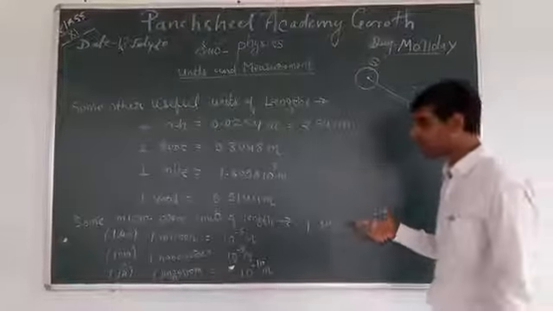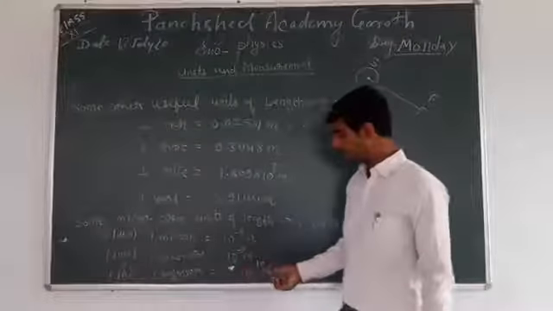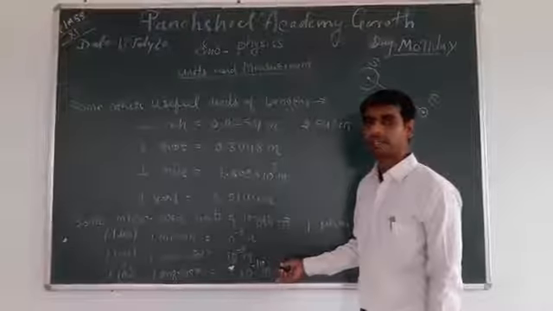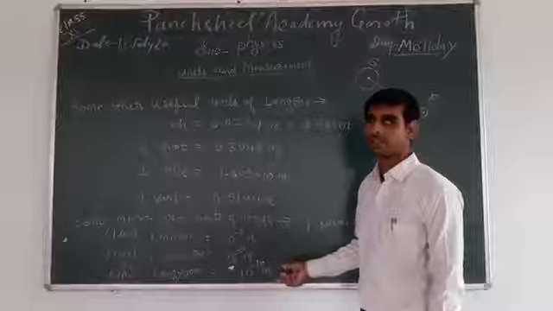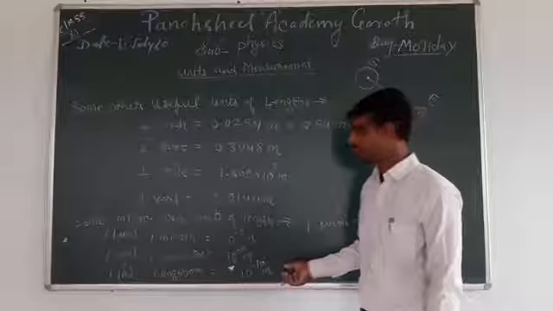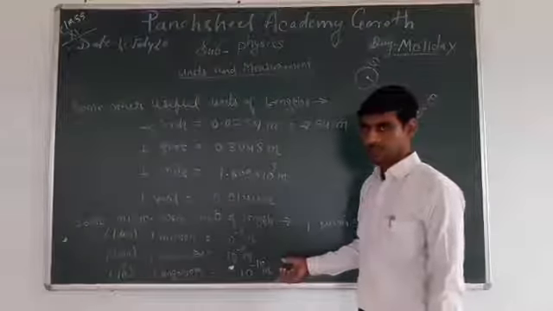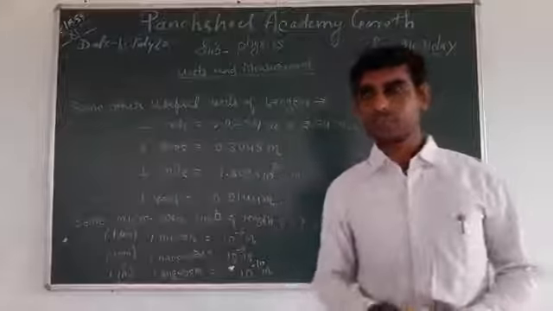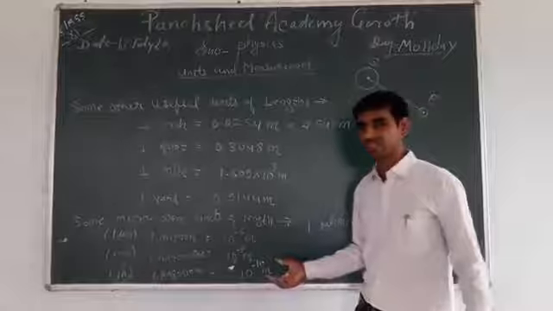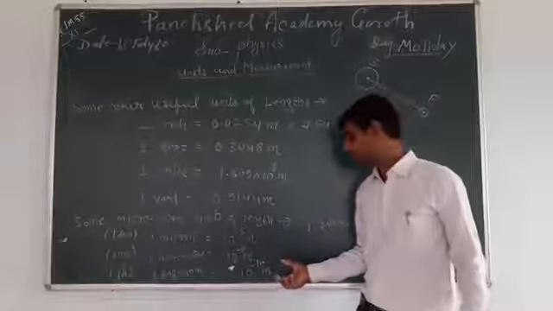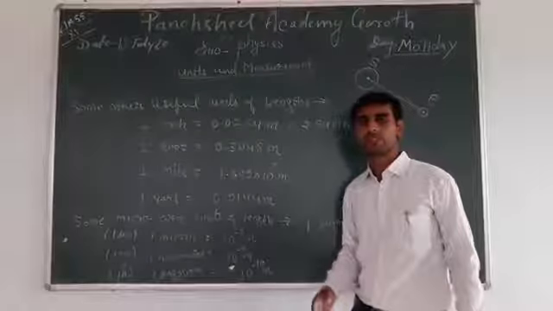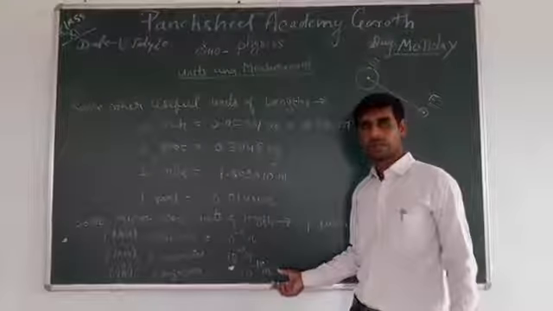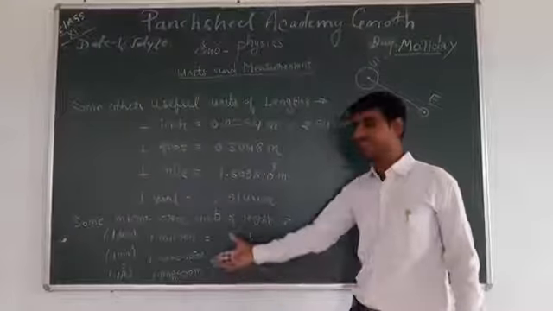Okay. See, one thing is that angstrom is used to represent the size of atom. Okay, in your nuclear physics, class 12 or modern physics, or in your chemistry also, some atom size is written in angstrom.